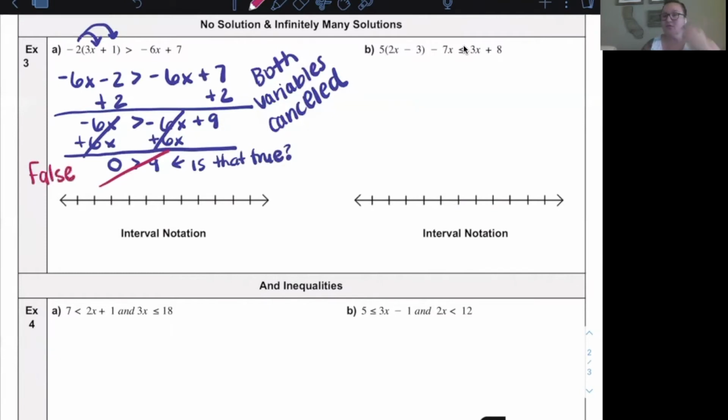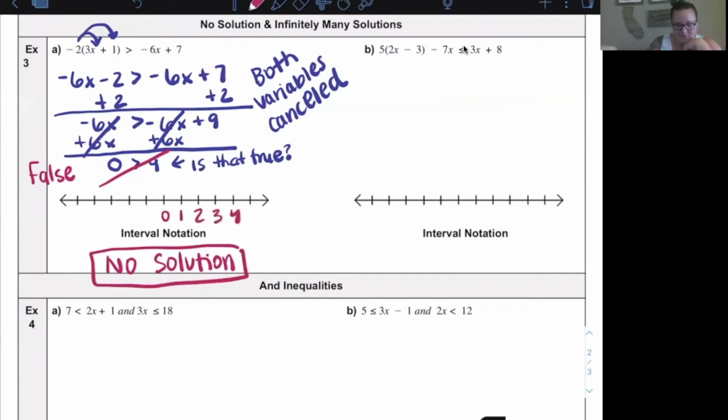Well, just like with equations, if both variables cancel and you're left with a false statement, what do you have? You have no solution. So your final answer is actually no solution. And on your number line, you can label it. So how do you graph no solution?